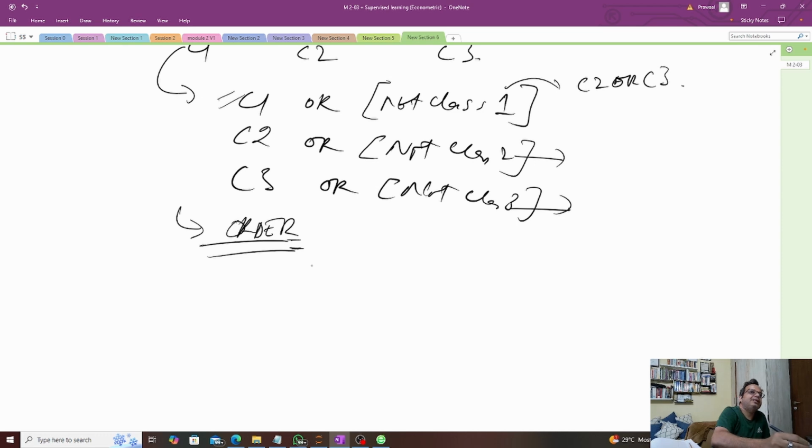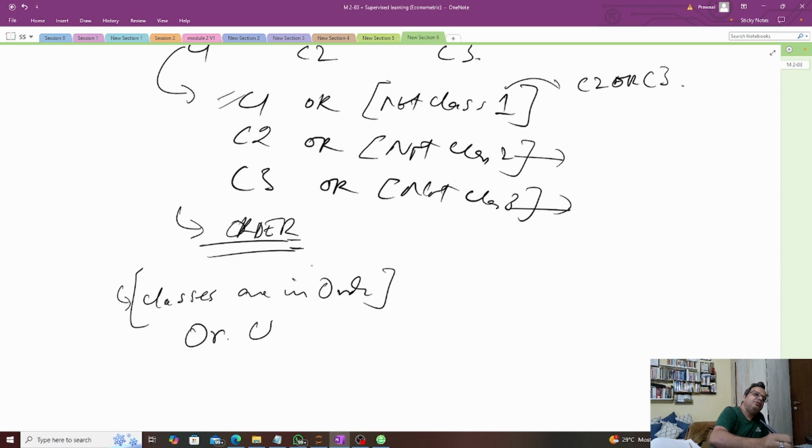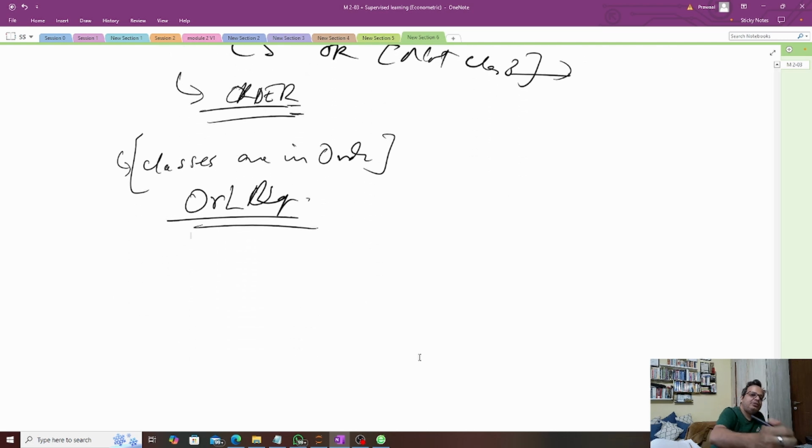So when the classes are fairly independent of each other, this method will work. When the classes are in order, we use something called ordered logistic regression. You just have to know this conceptually. You don't have to get into any depth.